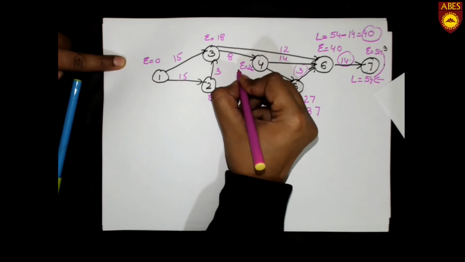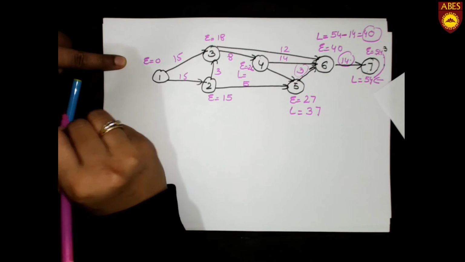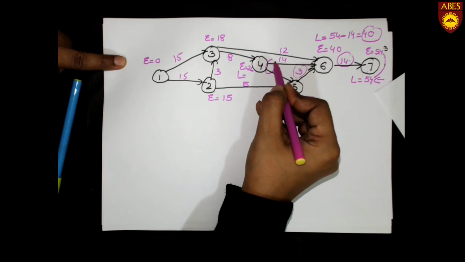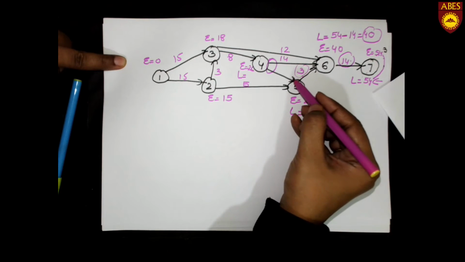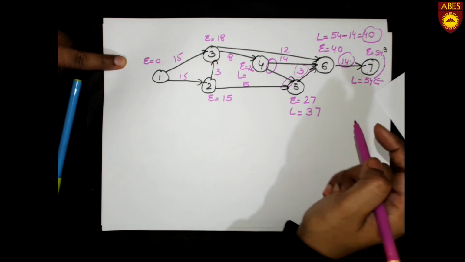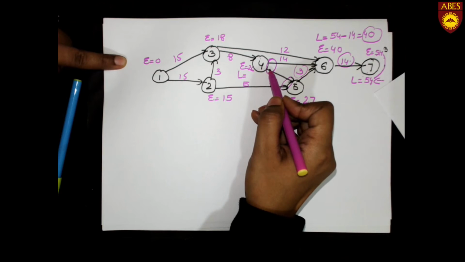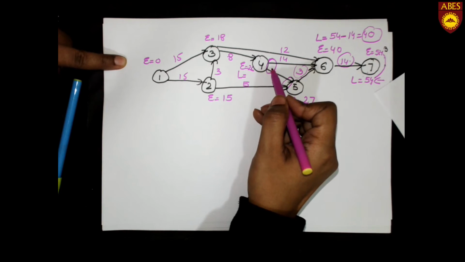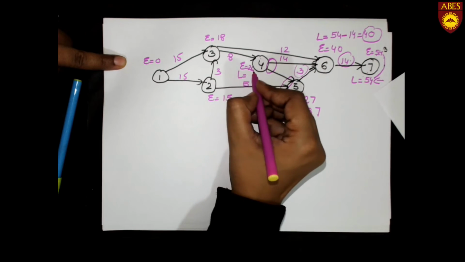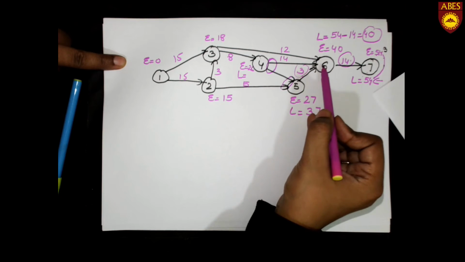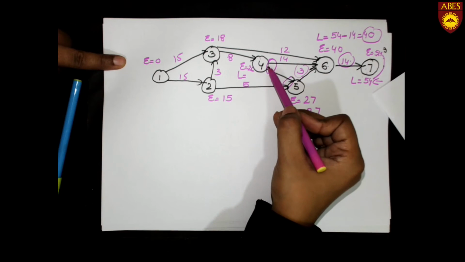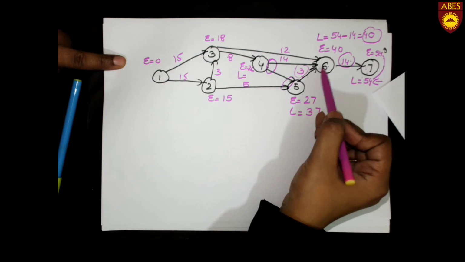Now we will go to L. Here 4. Before 5 is 4. So for 4, in forward pass method, two activities were converging at a point. But in a backward pass method, two activities are diverging from a point. So here there will be a confusion. Which L we have to take, I will show you over here. You can see that we can come to 4 by 7, 6, 4, or we can come to 4 by 7, 6, 5, 4.